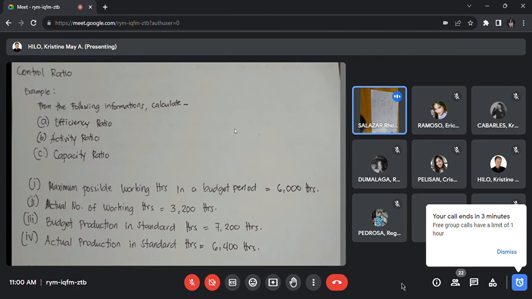Sunod, ang capacity ratio. Capacity ratio is equal to actual hours worked divided by budgeted hours times 100.